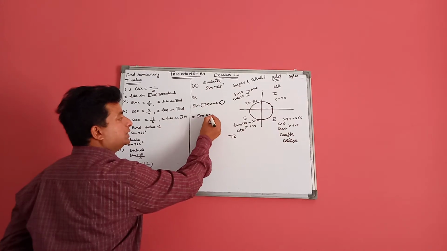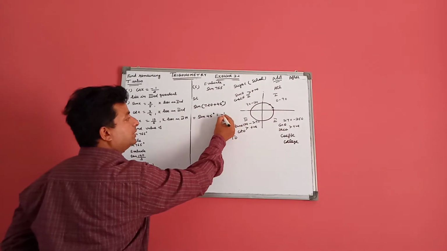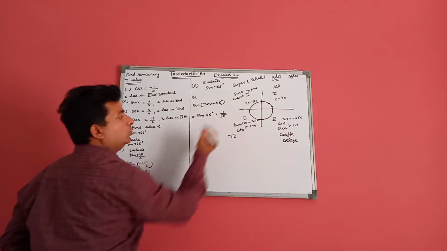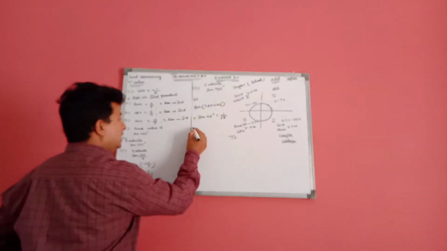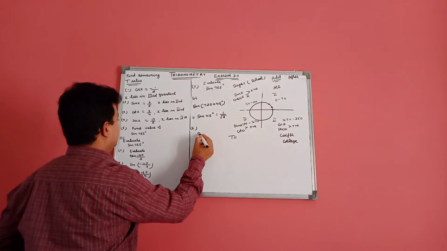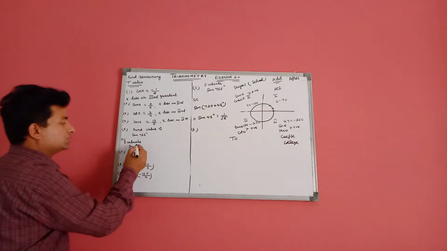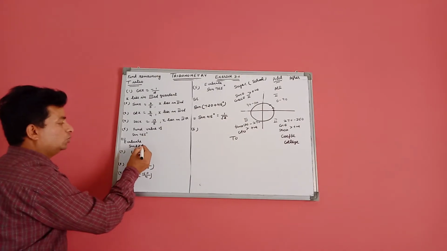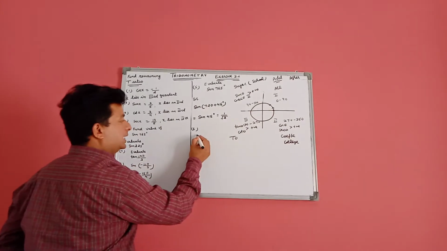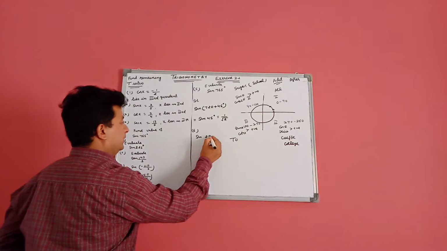There is no change of the T ratio, that is, it becomes 1 upon under root 2. In question number 6, the value is sine 225.